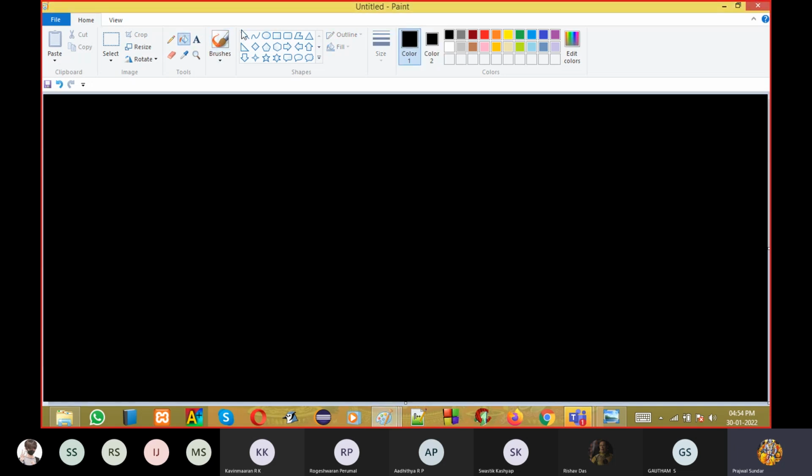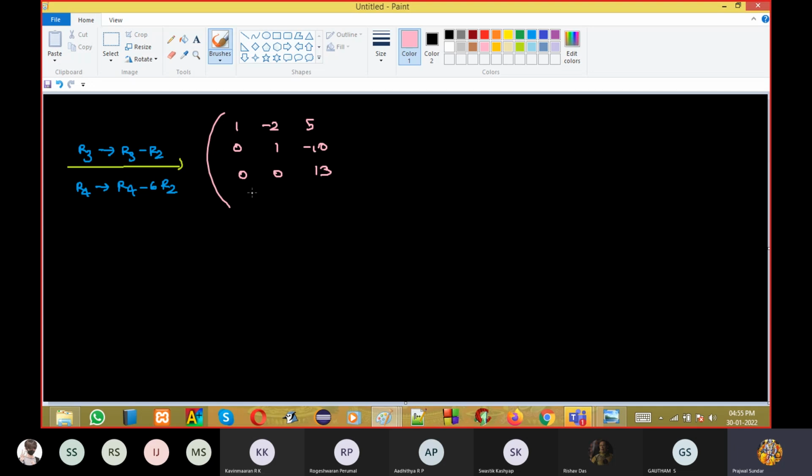My class has to end in another 2 minutes. So I can perform row 3 implies row 3 minus row 2, and row 4 implies row 4 minus 6 row 2, right? I will get (1, -2, 5), (0, 1, -10), (0, 0, 13), (0, 0, 52).